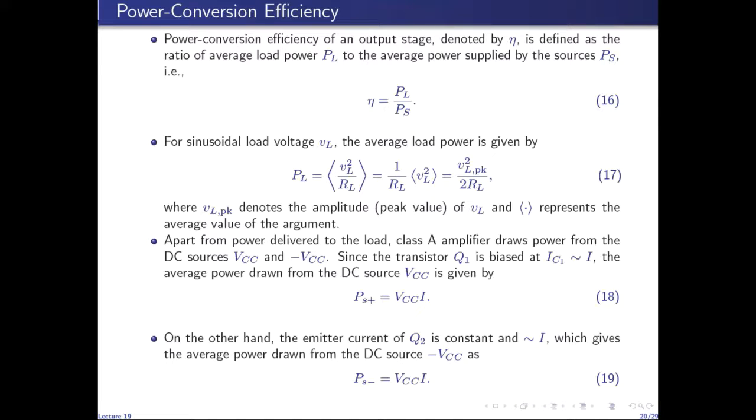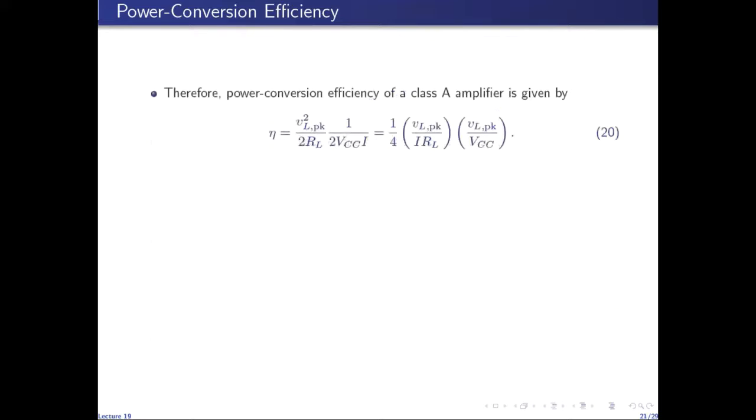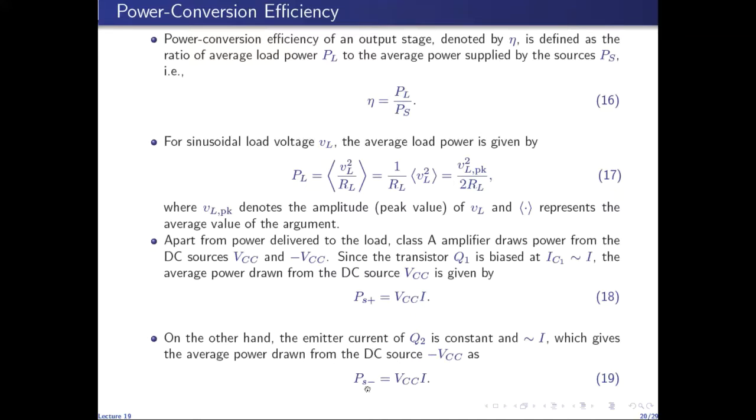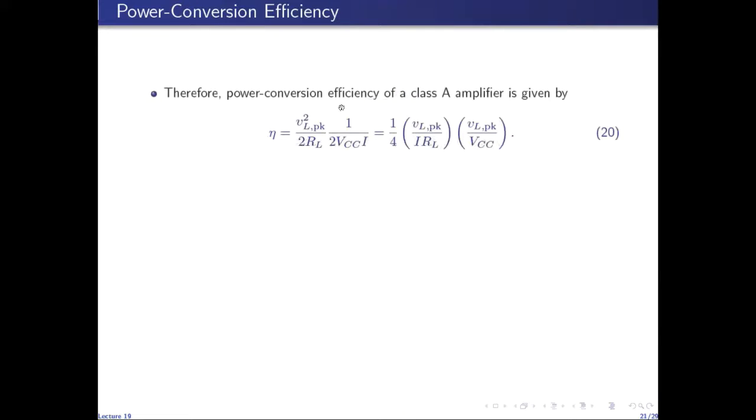So minus VCC times minus I gives us the power supplied by the source minus VCC, which is equal to VCC times I. So using these expressions, the total power supplied by the sources to the circuit is equal to 2 times VCC times I. So using this definition and this expression for the average load power, we can find the efficiency, which is given by this expression.